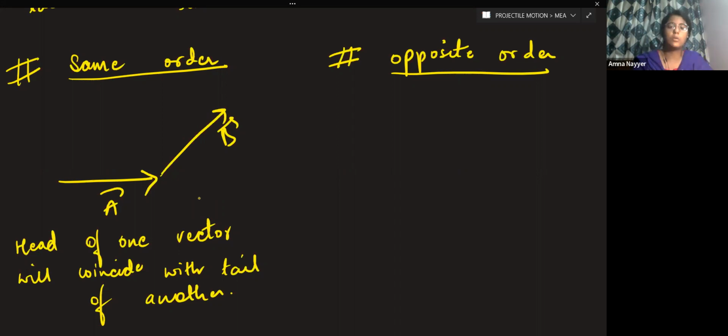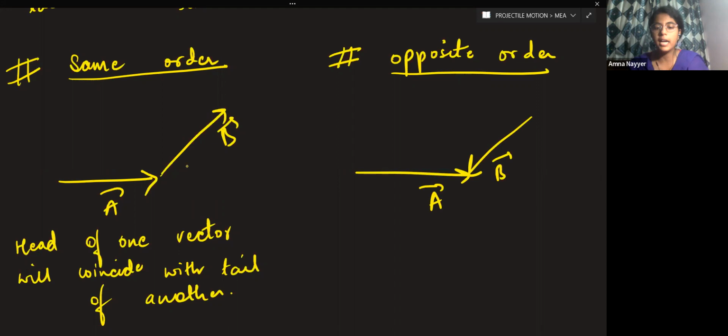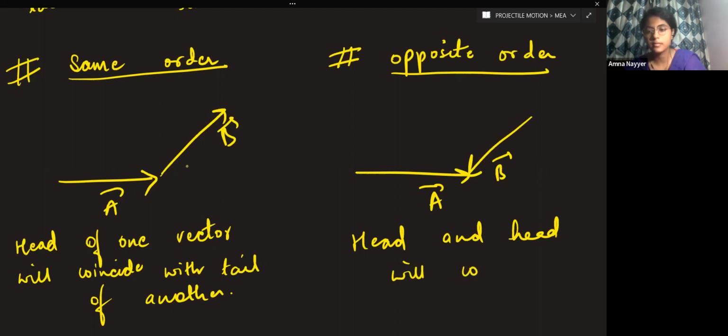For example, this is vector A and this is vector B, so this is known as opposite order. Here head and head coincide. Collision is a different phenomenon.